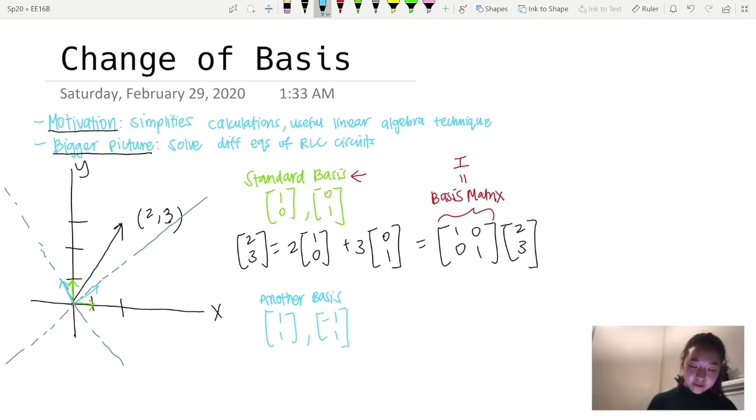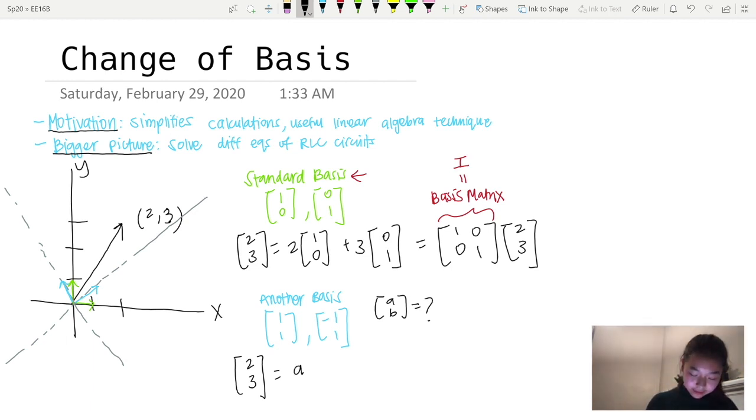Now here, we can also represent it as a linear combination of the basis vectors. We ultimately want to get back to (2, 3), but we aren't sure what the coordinates are going to be yet. So let's just call them A and B for now, but keep in mind that we don't know what these values are yet.